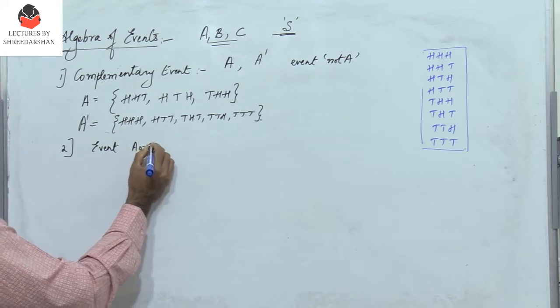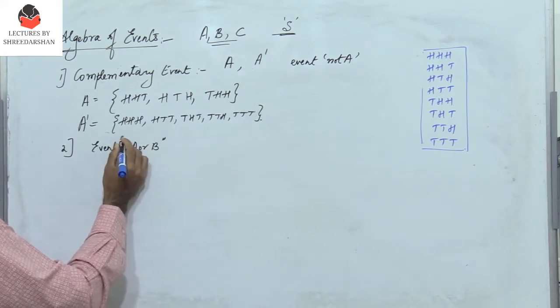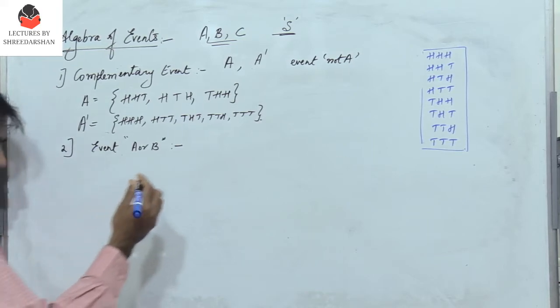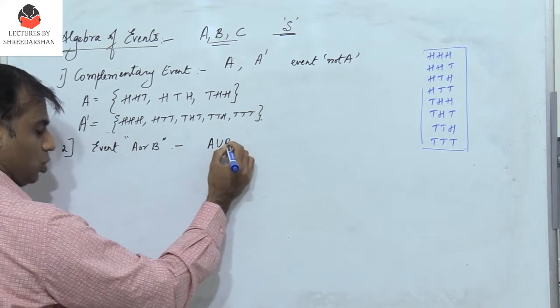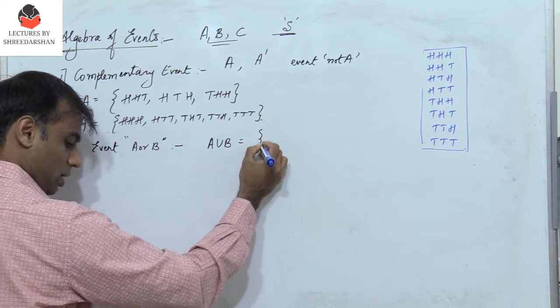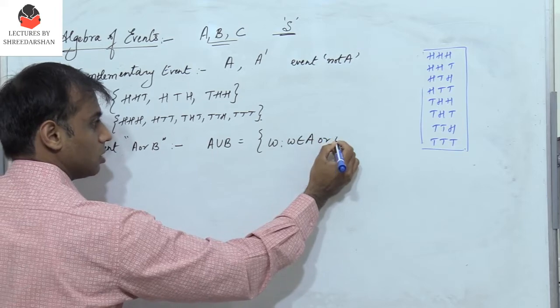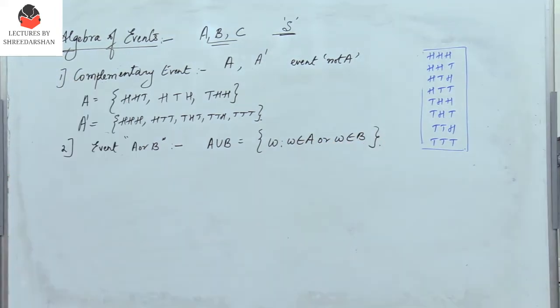Next, the second one, event A or B. This indicates the union of the two sets A and B, which we define as A union B, wherein you have an outcome W where W belongs to A or W belongs to B. So you consider the union, that is the combination.